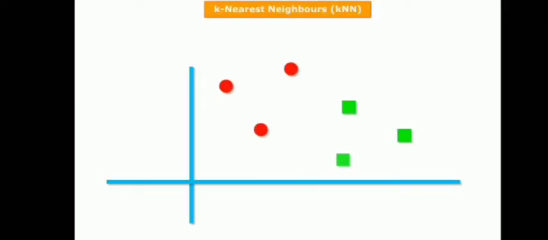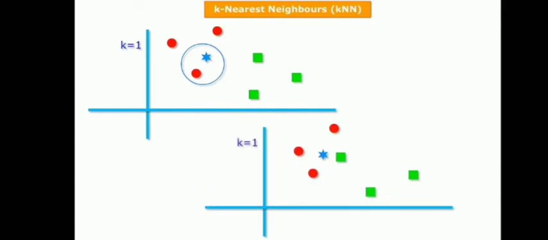If you take K is equal to 1, then the nearest neighbor of the test data point will be considered and the output class will be predicted as the output class of that neighbor. What if the closest training record is an outlier with the incorrect class in the training set? In that case, all the unlabeled test records near the outlier will get wrongly classified.